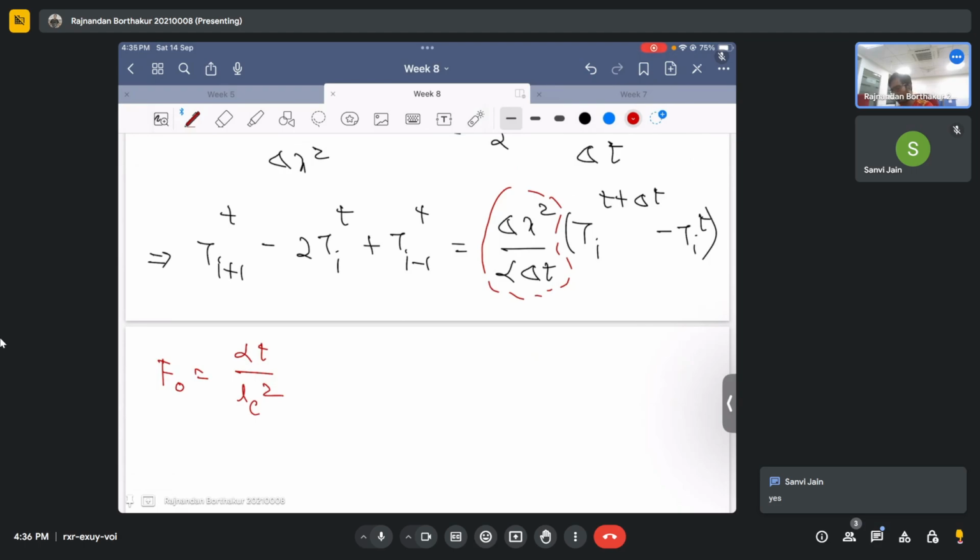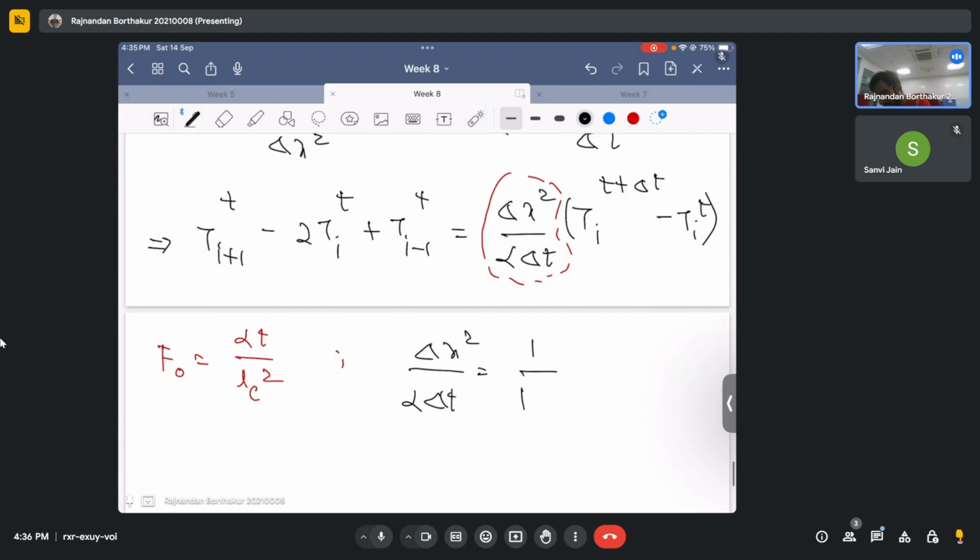Yes. So this number is kind of a Fourier number, and in fact, this is known as the Fourier number in the finite difference method. And in fact, this is 1 by this. Fourier number is alpha t by Lc square, so this is 1 by Fourier number actually. What we can write is delta x squared by alpha times delta t as 1 upon some Fourier number.